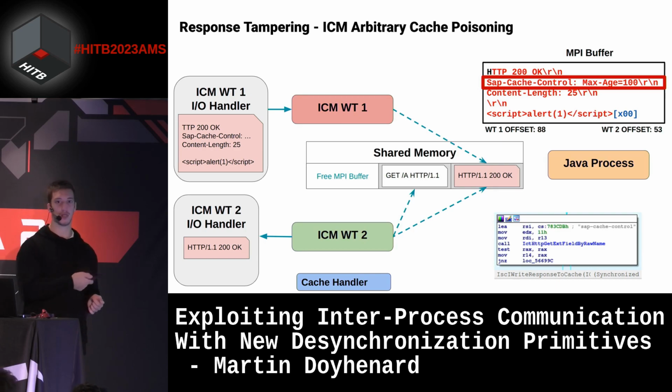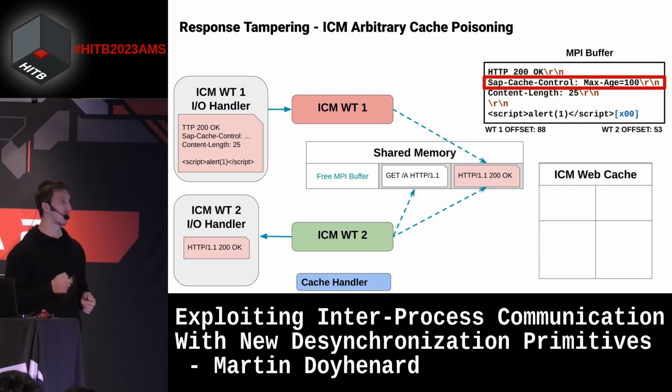The SAP cache control header is a specific header that is a hard-coded string in the binary, and that is going to be looked at to know if the response should be stored in the cache or not. So in this case, we are telling the ICM that this response should be stored in the cache for the resource that the worker thread 2 issued.